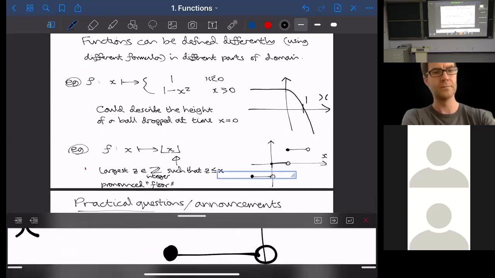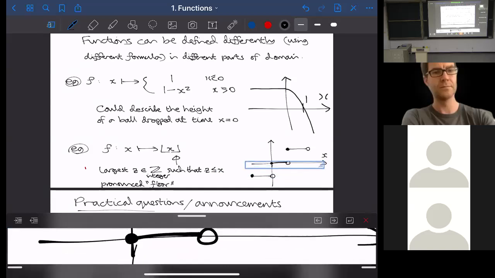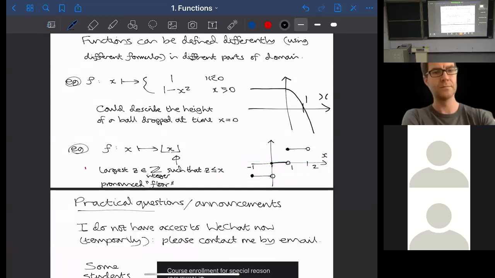So we get a graph like this. Okay, and of course it carries on in both directions.